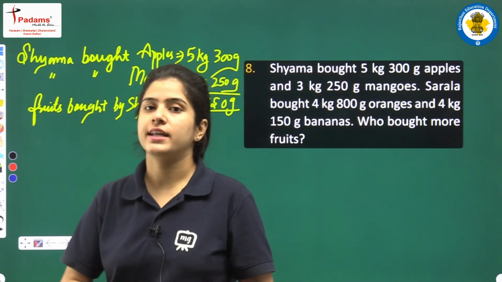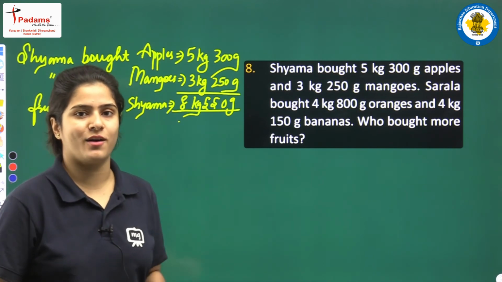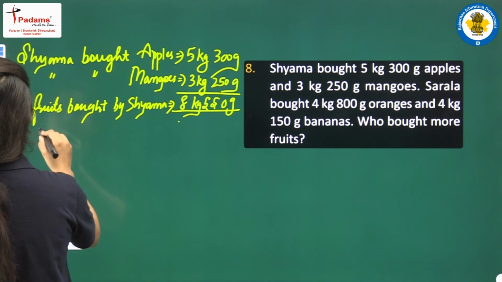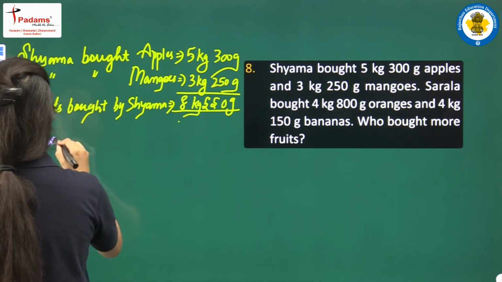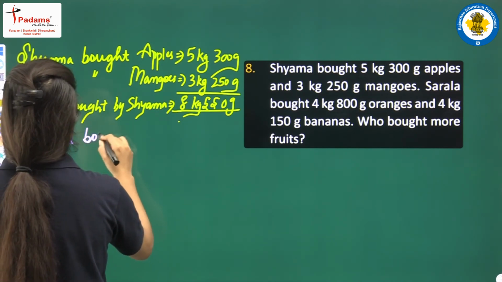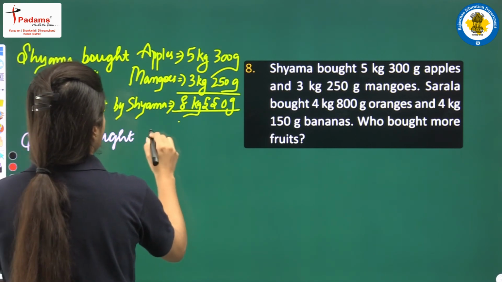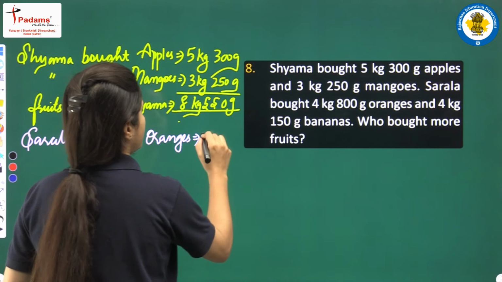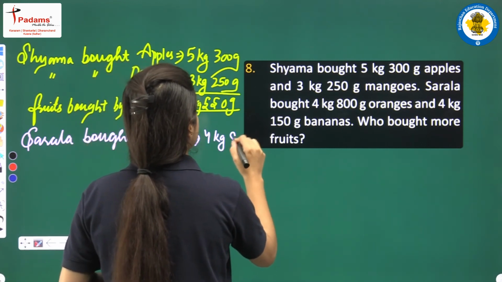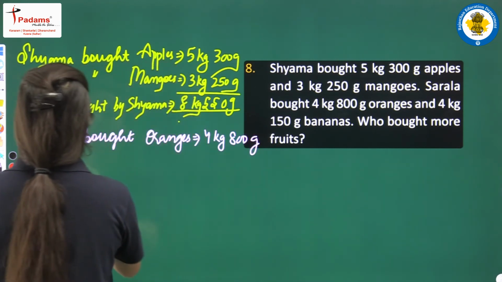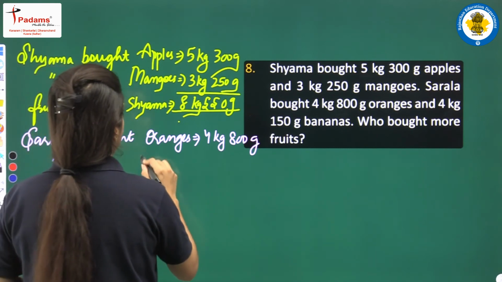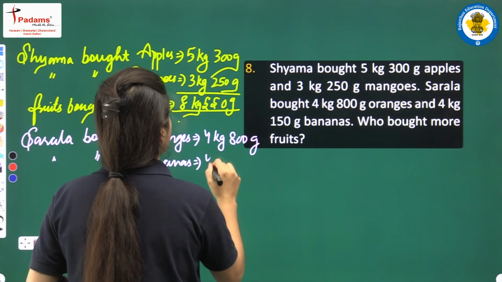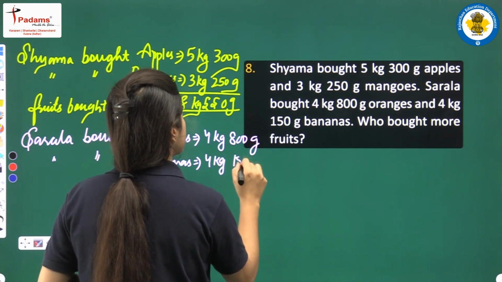Now, we will be finding out the fruits bought by Sarla, okay students. How much is Sarla buying? Sarla bought oranges that is equal to 4 kg and 800 grams, right students, and Sarla bought bananas that is equal to 4 kg and 150 grams.